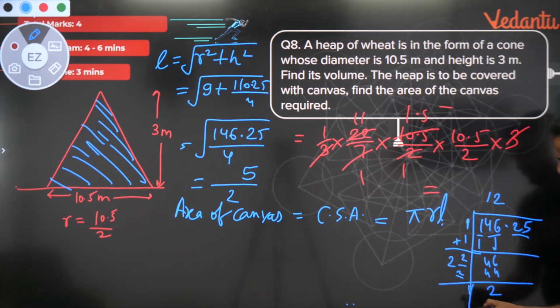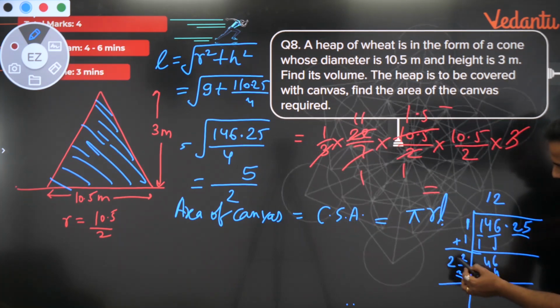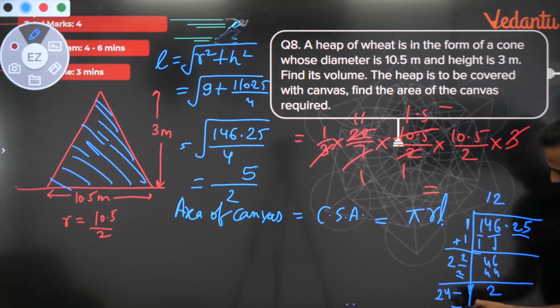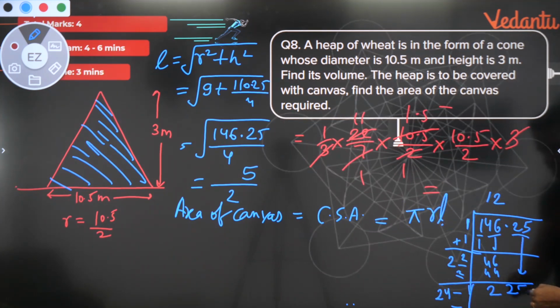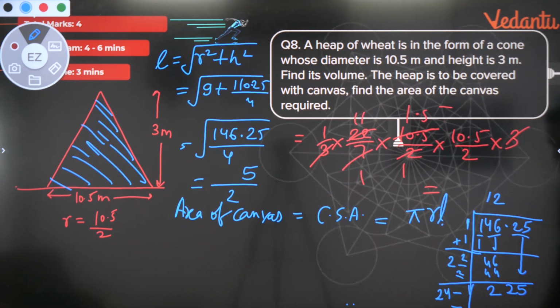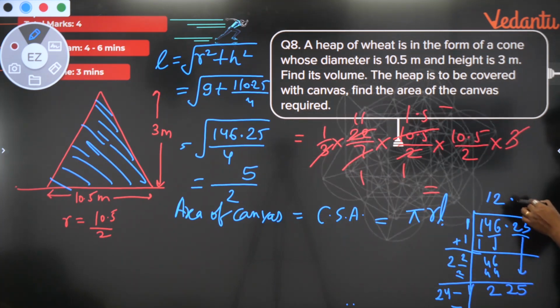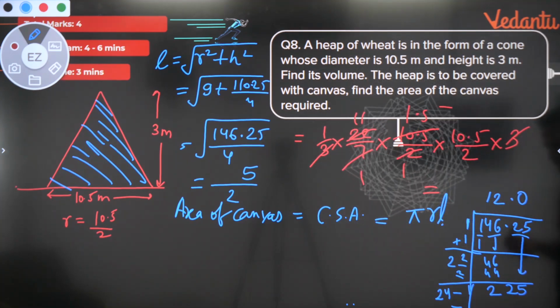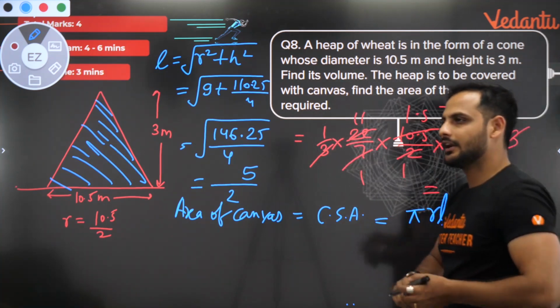Remainder is 2. 22 plus 2 is equal to 24. 225. So I need to put 0 point and 0, and then one more time 12.0, so 6.05. So that means it will be equal to 12.